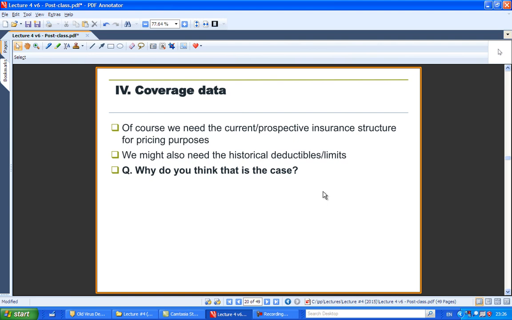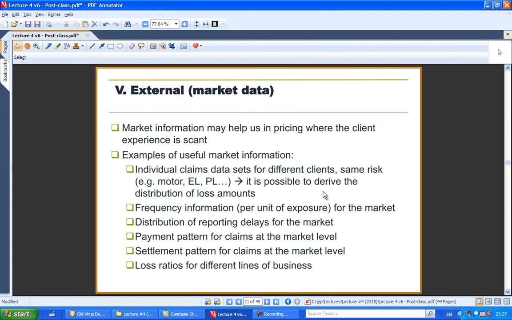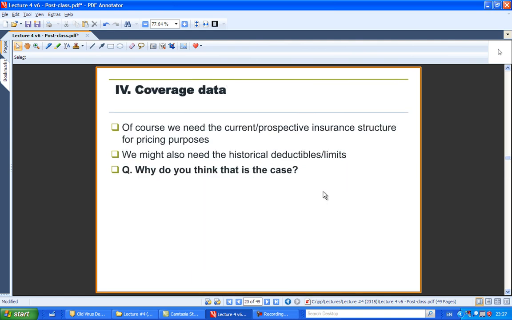But what I'm stating here is that we might also need that information for the past. So looking at historical deductibles and limits. And I invite you to think why that is the case. And I'm not sure if I've put the answer here or not.